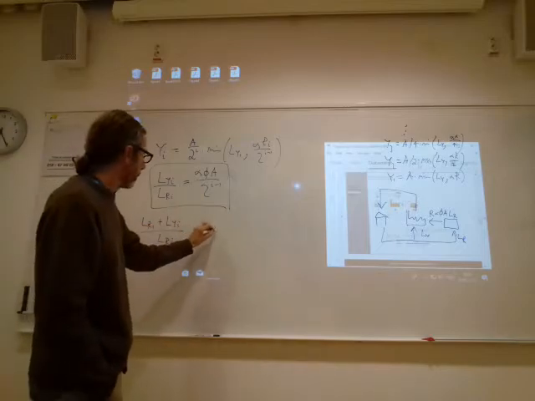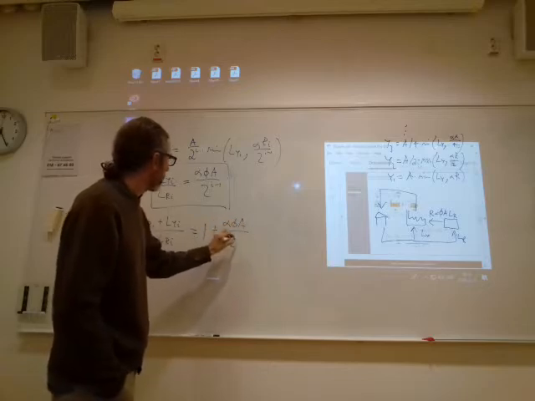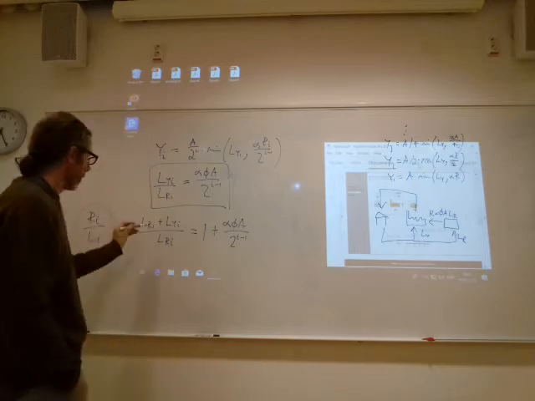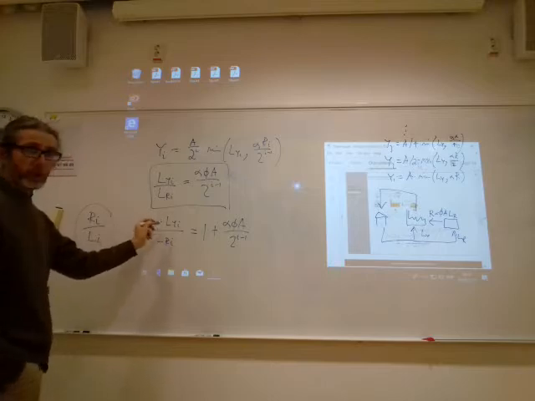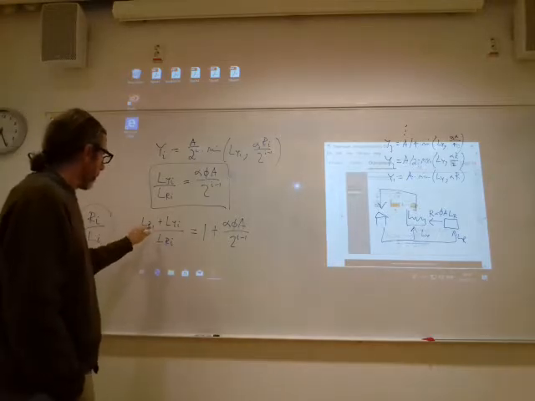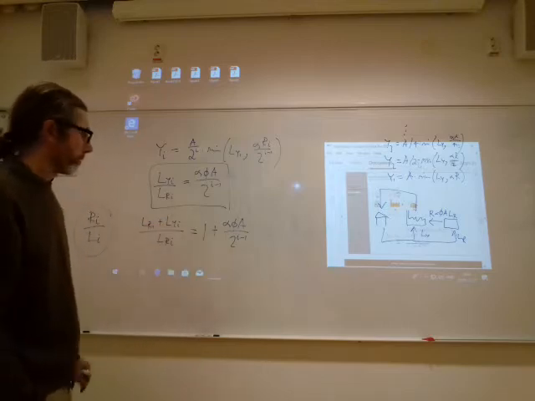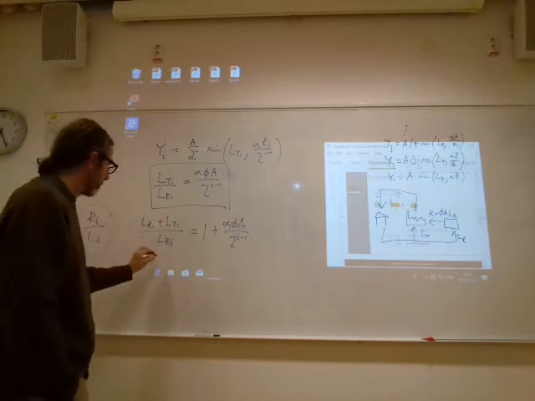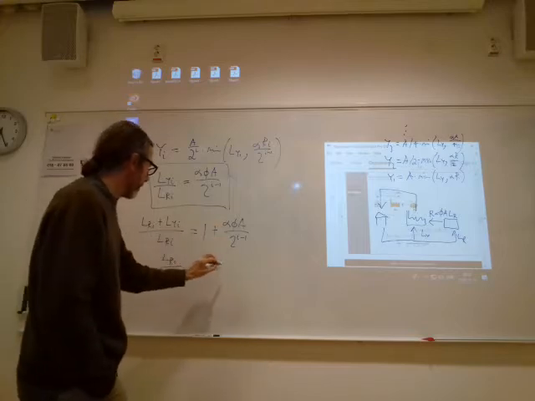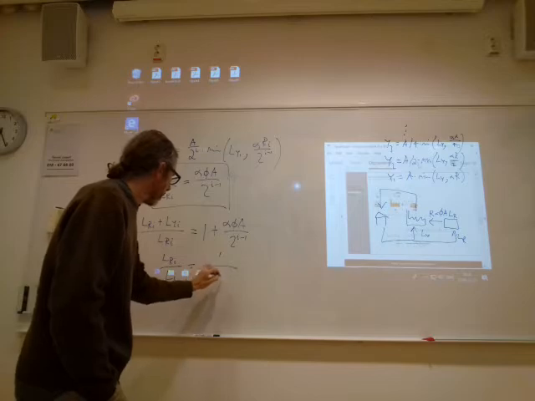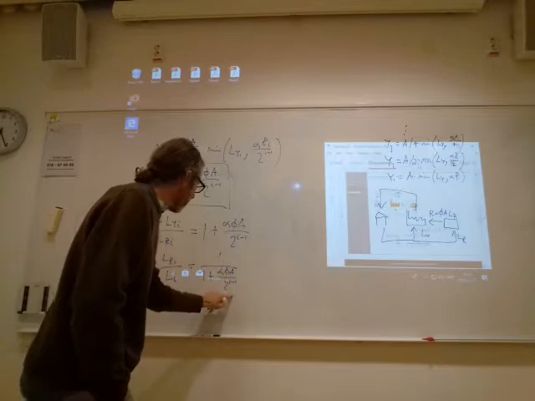So that must be equal to 1 plus what we had on the right-hand side, alpha phi A over 2 to the I minus 1. But this is just L_i, isn't it? This is the total labour used for good I. So then we've got L_i over L_RI equals blah, blah, blah. Okay, and then we can switch that and say L_RI over L_i equals 1 over 1 plus alpha phi A over 2 to the I minus 1.